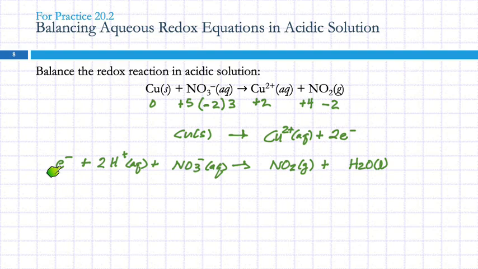Well, this is only 1, and so to get it to 2, we're going to multiply all the coefficients by 2. Essentially saying, well, I need 2 of these half reactions. So I'm going to have 2 there. This will become a 4. There's a 2, a 2, and a 2. It's still balanced for mass and charge because we did the same thing to everybody.